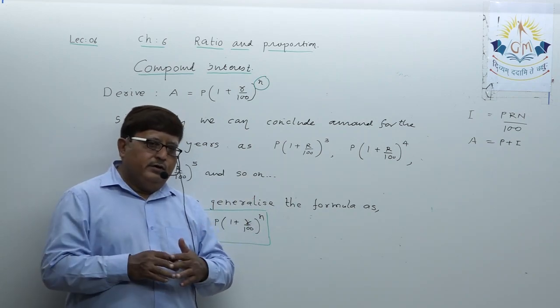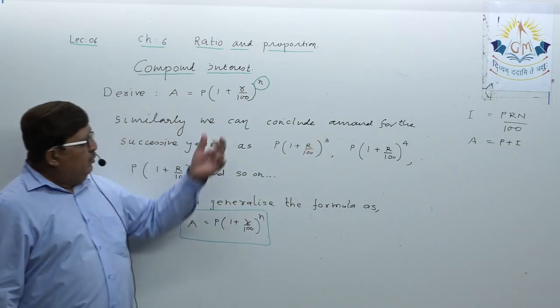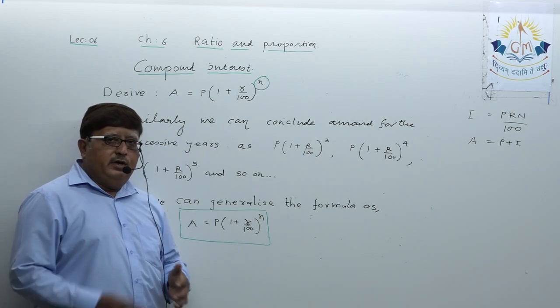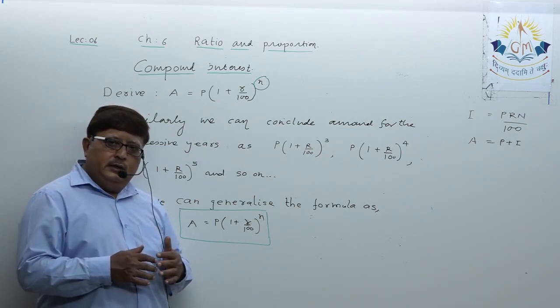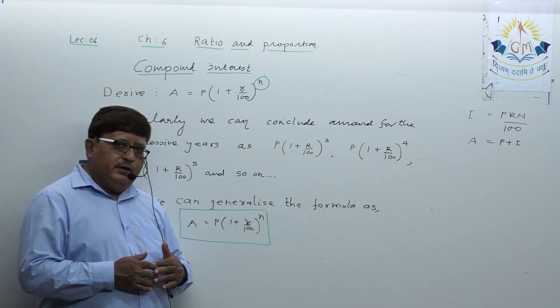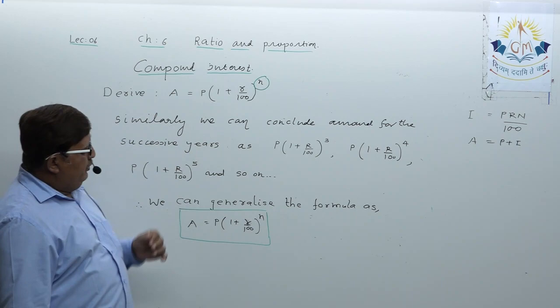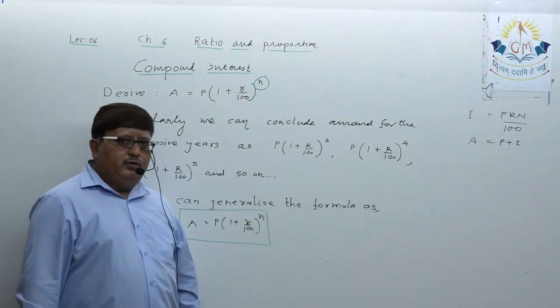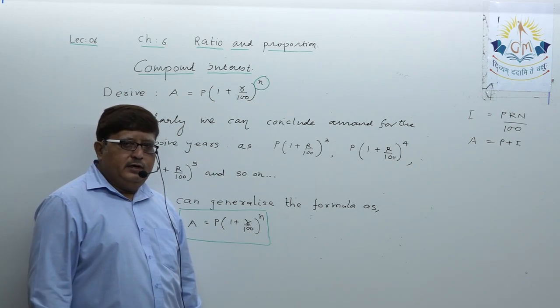Now, dear student, we do not have to utilize the simple interest formula because our topic is entirely compound interest. So every time you solve an example, you will apply the same formula. What is that?